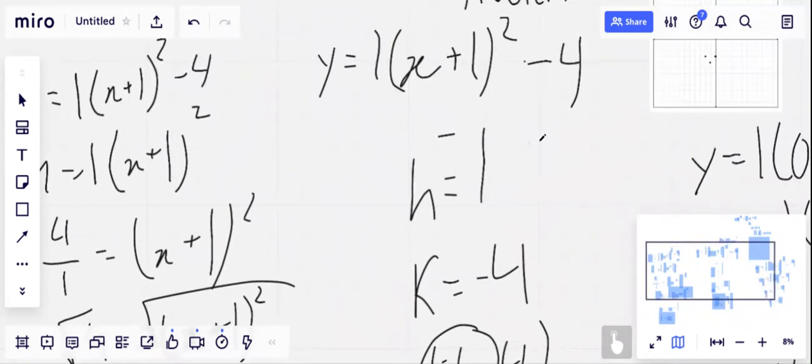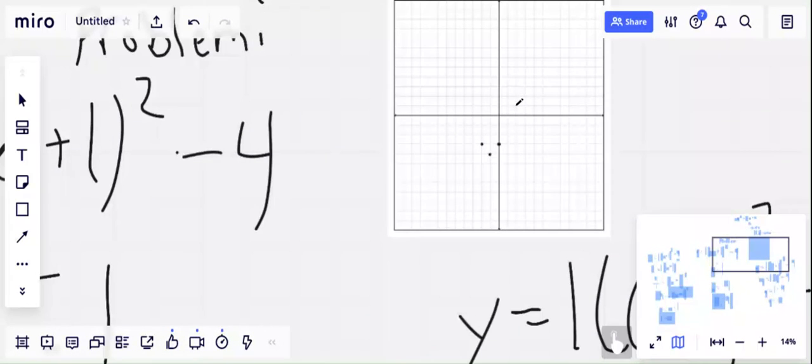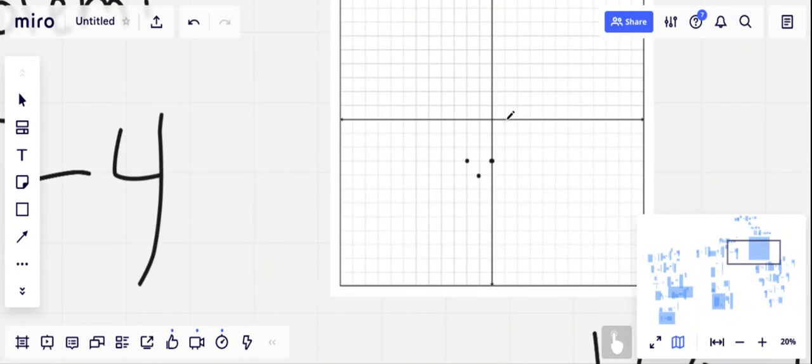So 1 is one point on our x-axis, and we know that parabolas are symmetrical, and when you flip them on the axis of symmetry, which is negative 1 in this case, they should match up.